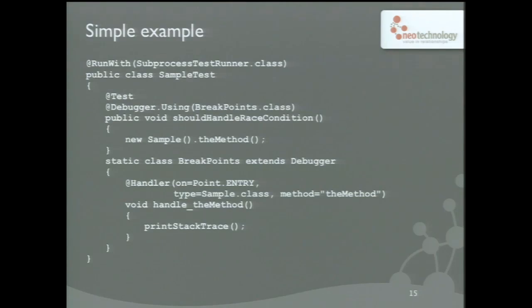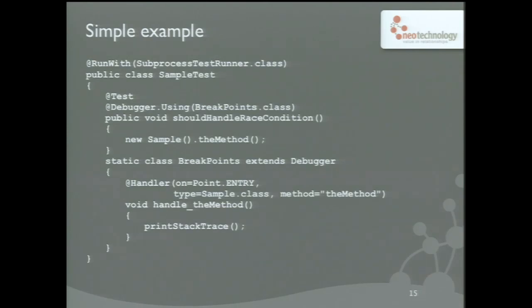And the API looks a little more like this now, which I believe is a bit simpler. Unfortunately, not everything is ported yet, so there are a few edge cases with these breakpoints that don't quite work. So what you say is, I have a regular JUnit test case. I say that I want this to run in a subprocess with the subprocess TestRunner.